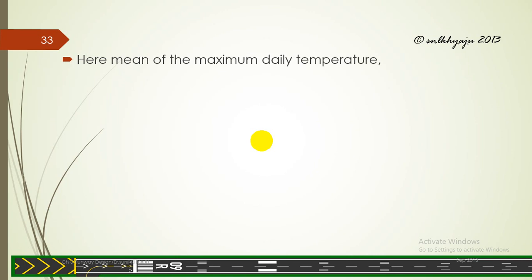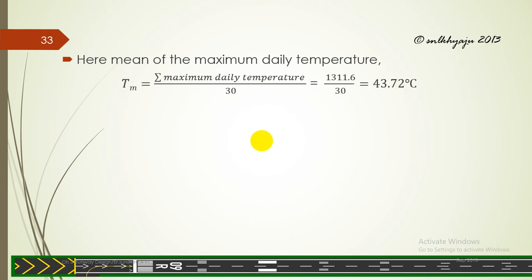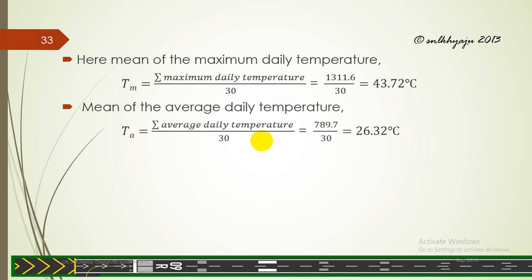Here the mean of maximum daily temperature is calculated as 43.72 degrees, and similarly the mean of average daily temperature is calculated as 22.32 degrees Celsius.